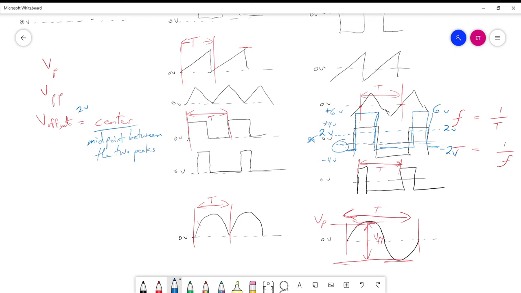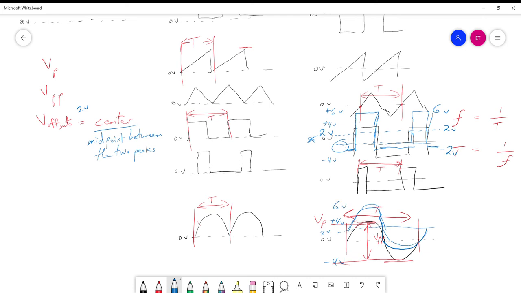It's the center. I can offset the sine wave too. If this had, let's keep with the 4 volts that we did, I could do the same thing. I could push it up. I could push it down. I can have negative offset. But if I pushed it up to a 2 volt centered sine wave, the world's worst sine wave, same game, I could have a 6 volt peak.